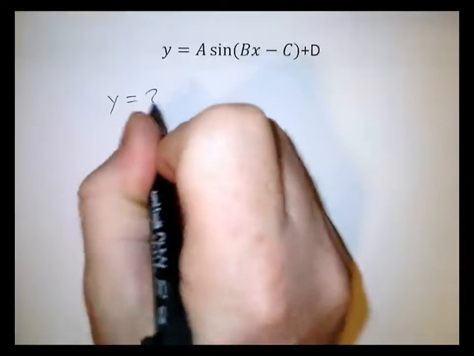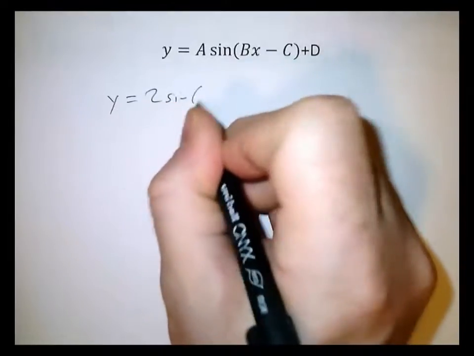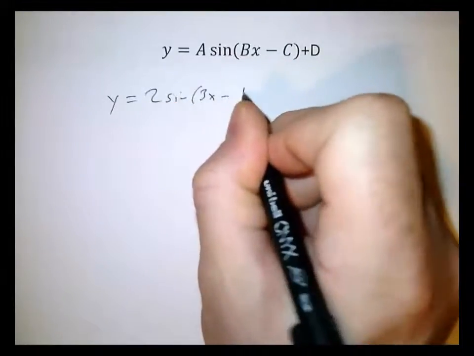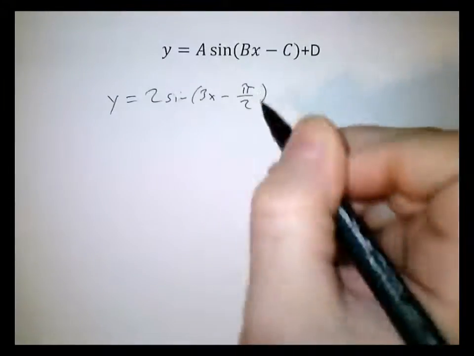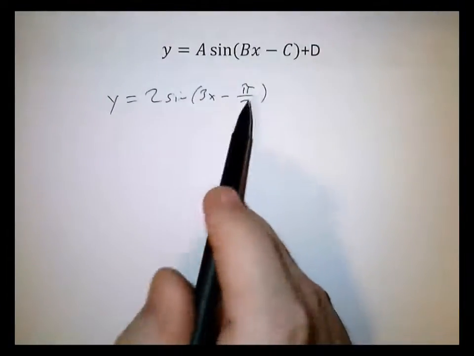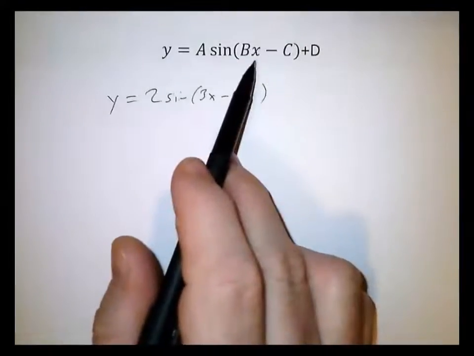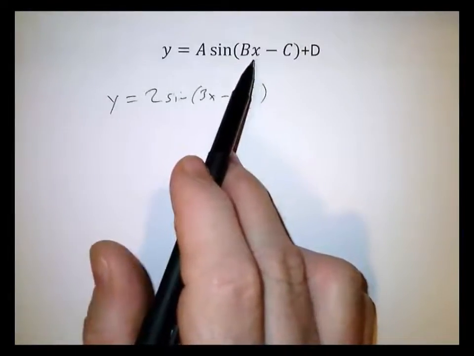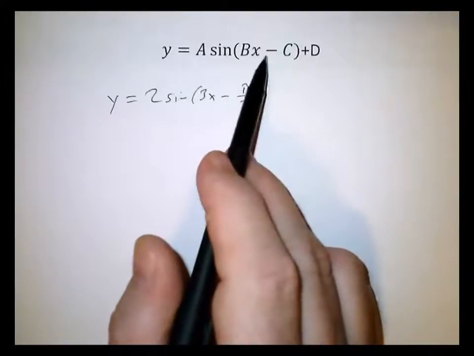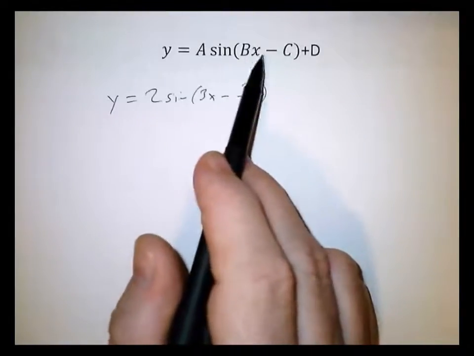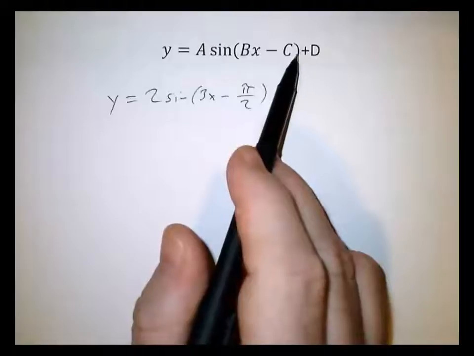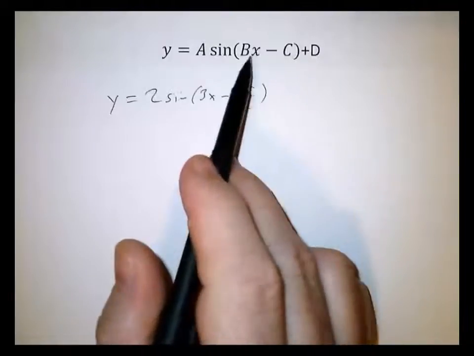Okay, now we want to see if we have y equals 2 sine of 3x minus pi over 2, what this c here does. Now, c is affecting x, which is the horizontal variable, but we're not shifting over by c right or left because of this b here.